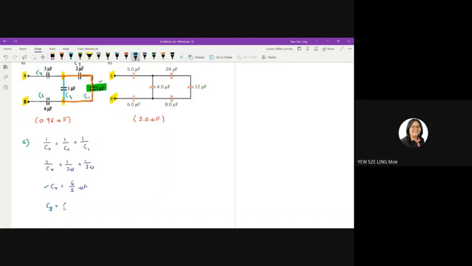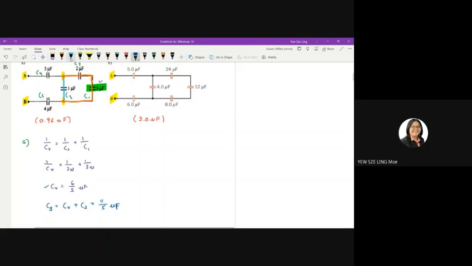So CY equals to CX plus C3, which is equals to 11 over 5 microfarad. So that is the first path. I already combined these 3 capacitor, C1, C2, C3, into CY.